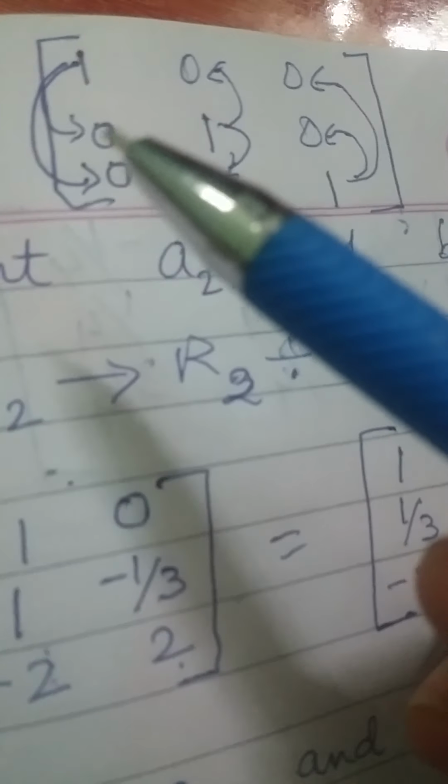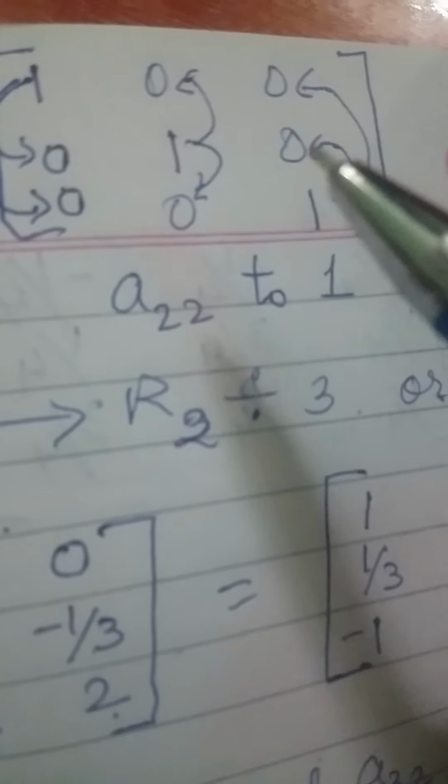And you know one thing, if we have I equal to BA, it means it is very clear that B is the inverse of A. Now the pattern that you should follow for an order 3 matrix, as per CBSE curriculum: first of all we will make 1 here. With the help of this one we will make the zeros in the second step.